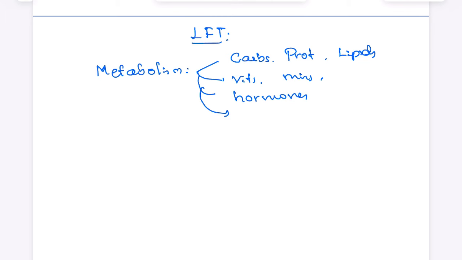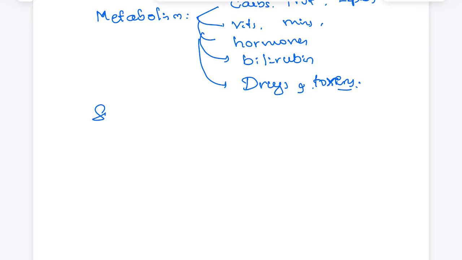And it has a special metabolic function, that is bilirubin, which is measured in LFT, and it plays a very crucial role in metabolism of drugs and toxins. So these are the metabolic functions of the liver, and there are a few synthetic functions of the liver.